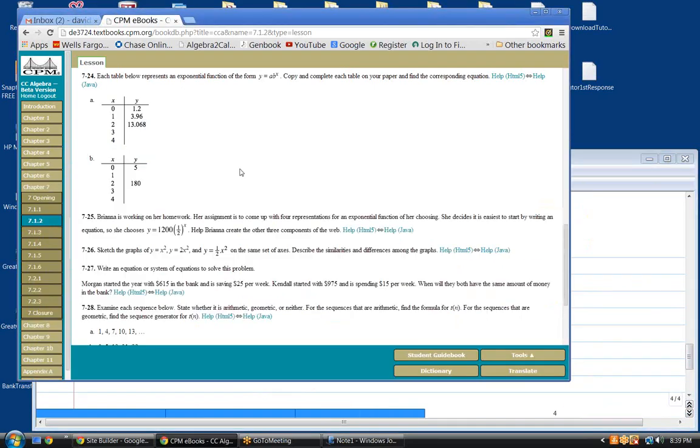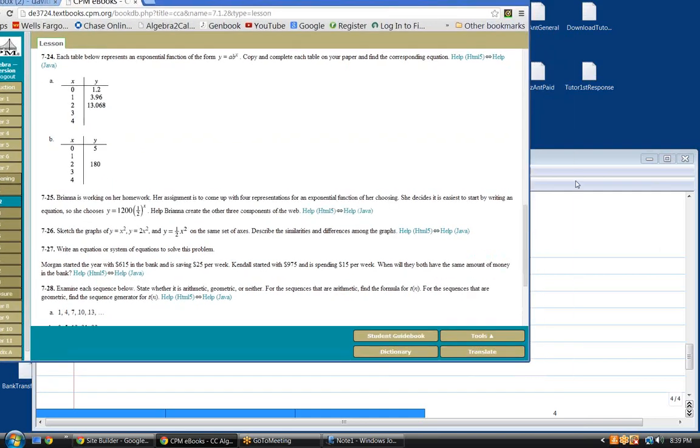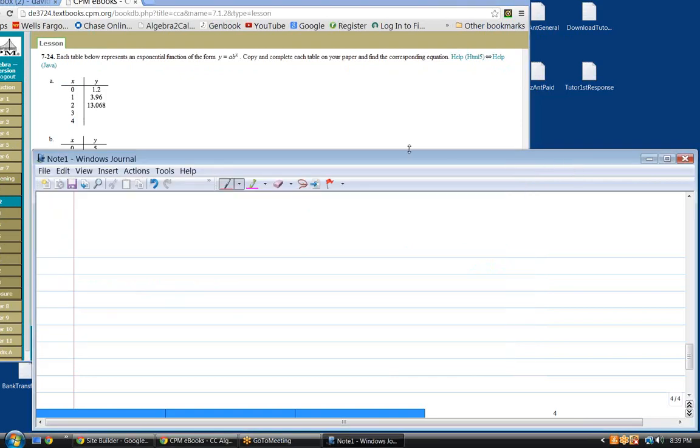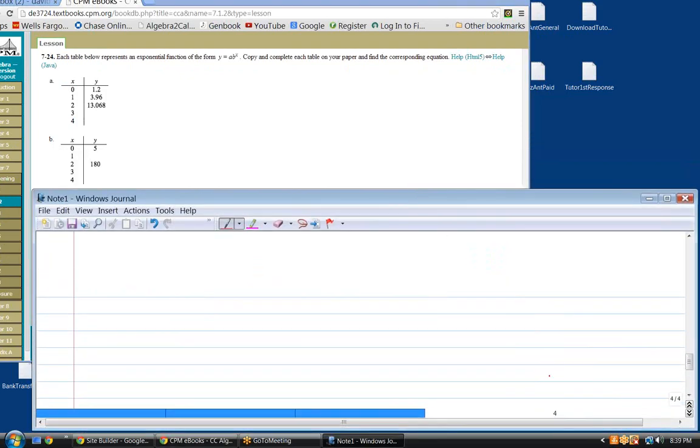All right, so now we have the plan on how to do each of these. In other words, A and B are the same. We're going to find the exact equation for this model right here. We're going to do it by the way I did it, which is to start with known values.